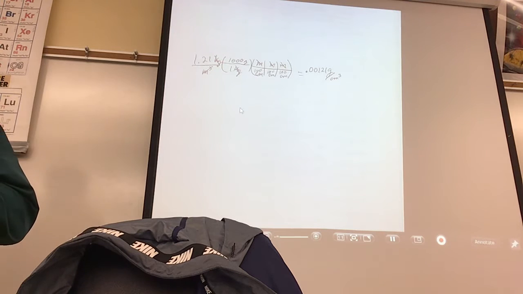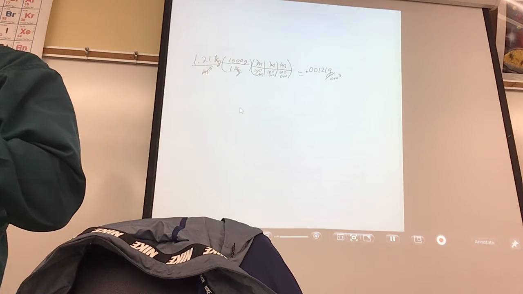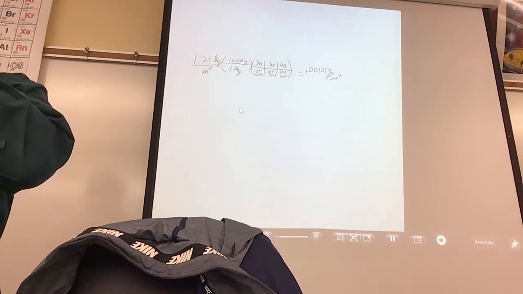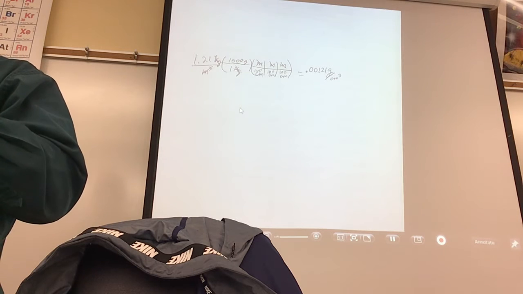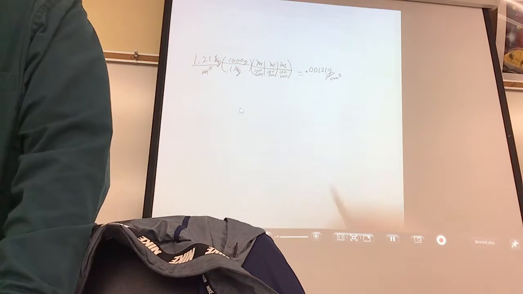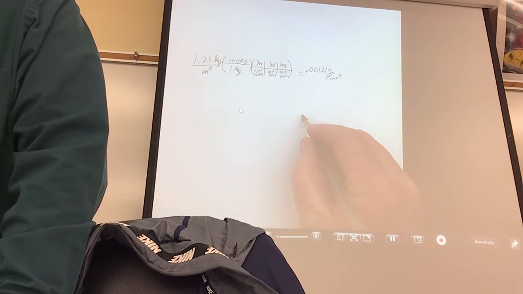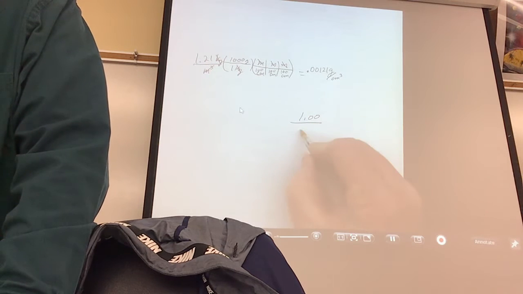Oh, you got me. And Eli, you picked up on that really fast. That was good. Now, I want you to think about this. I want you to tell me how many times more dense is water than air at room temperature. Now, how do we do that? How many times more dense is water than air?